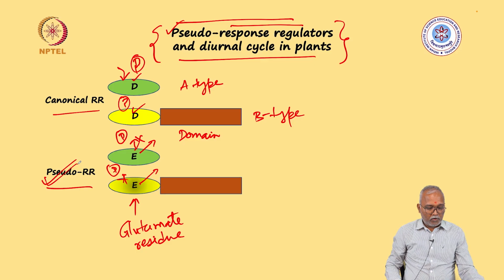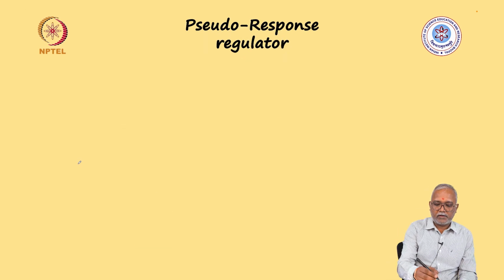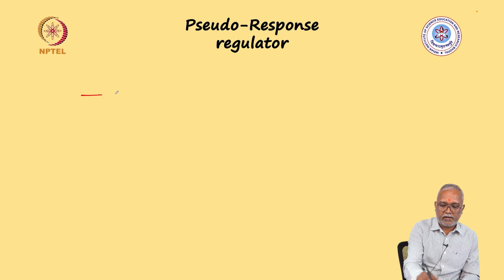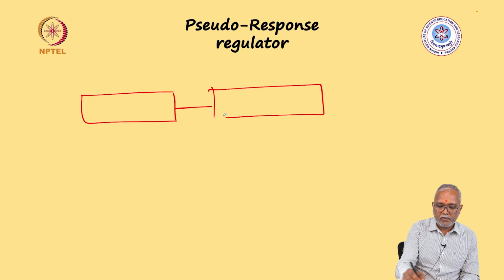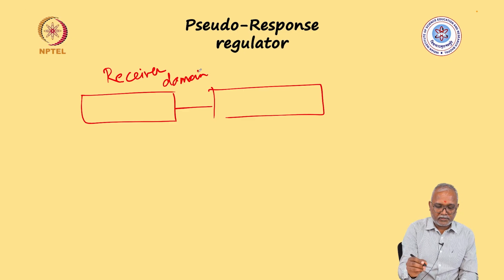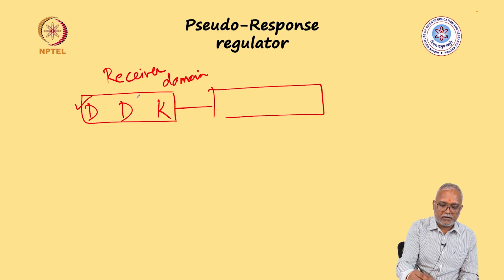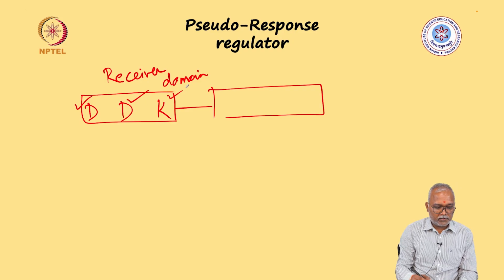Now, if you think about different types of response regulator, as we saw in the case of Arabidopsis, it is known that this domain, which is the receiver domain, has a specific set of amino acids which is known to be present at particular residues, 2 aspartate residues and a lysine residue.